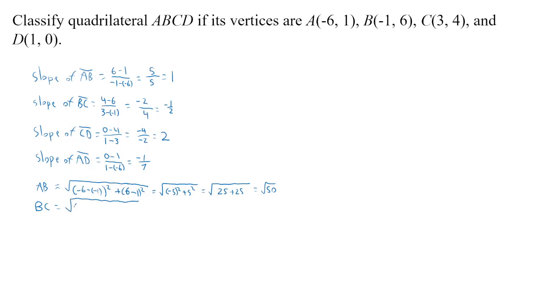So let's see, this is 3 minus -1 squared plus 4 minus 6 squared. 3 minus -1 is 4. 4 minus 6 is -2. 4 squared is 16. -2 squared is 4. 16 plus 4 is 20. So the length of segment BC is the square root of 20.